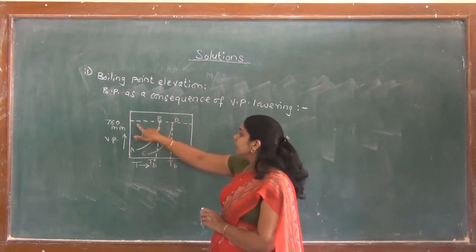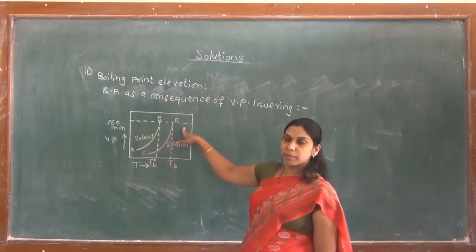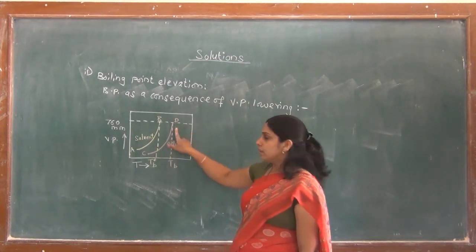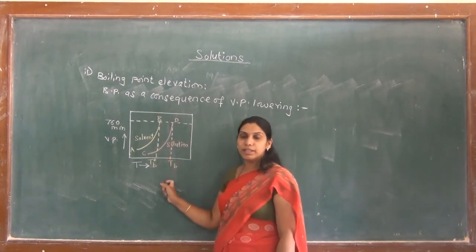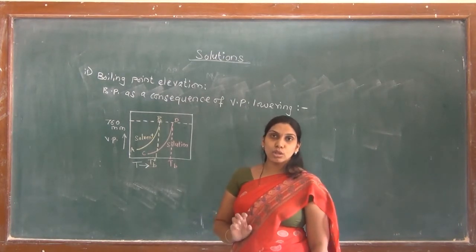Similarly, the line at 760 mmHg intersects the curve CD at a temperature TB. Here TB is the boiling point of the solution.